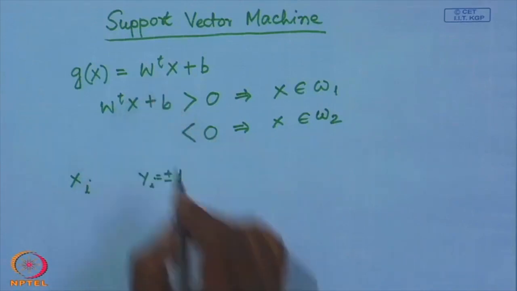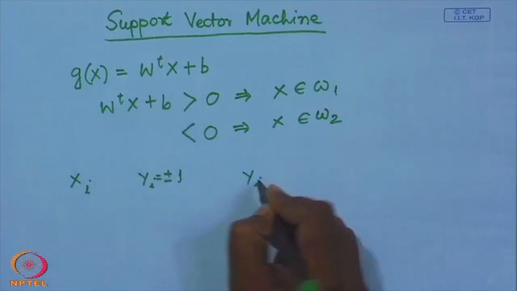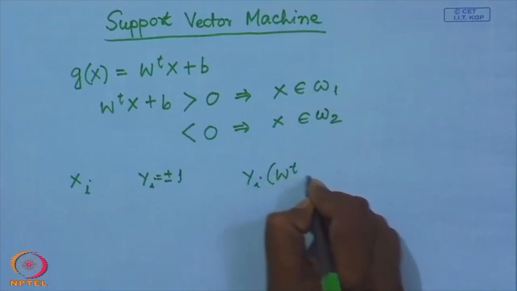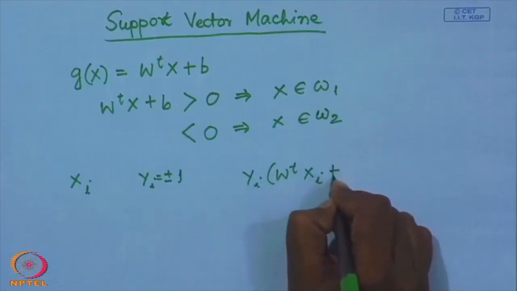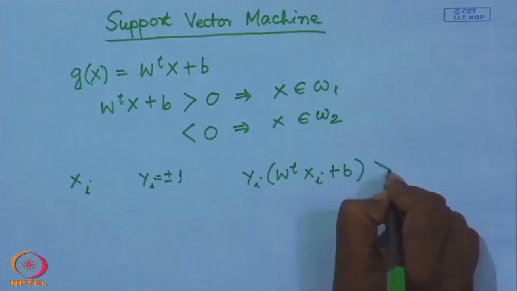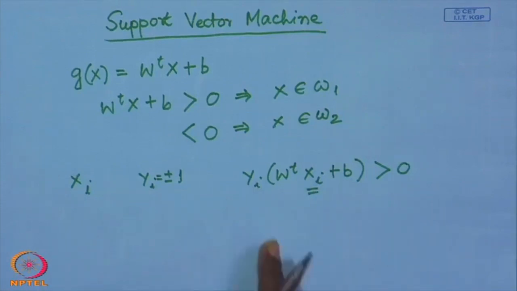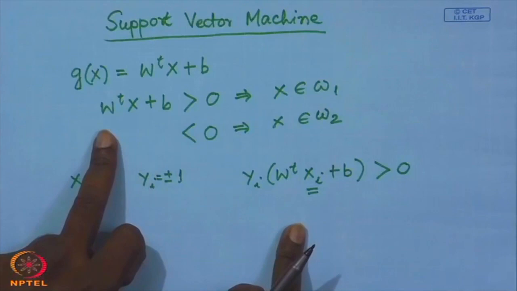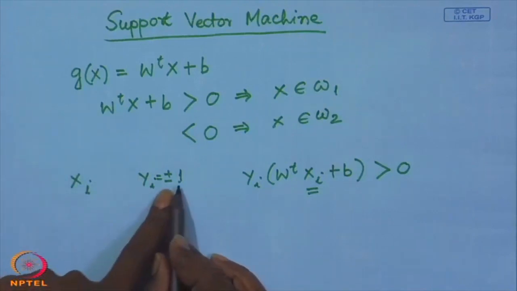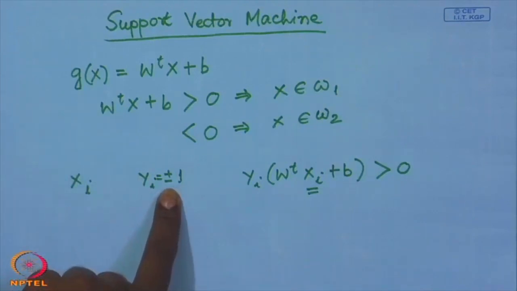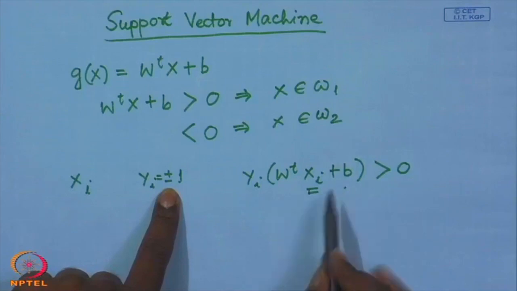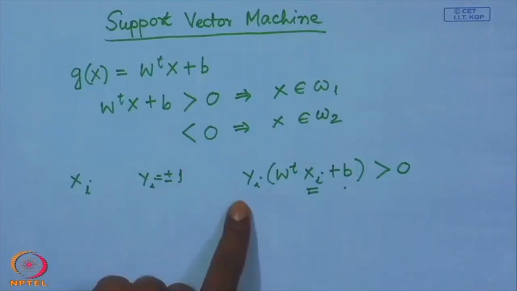In that case, y i times w transpose x i plus b will always be greater than 0 if the sample x i is properly classified, which is quite obvious, because if I say that y i equals plus 1 for a sample x i which belongs to class omega 1, and for a sample which belongs to class omega 1, w transpose x i plus b is greater than 0, y i is also positive.